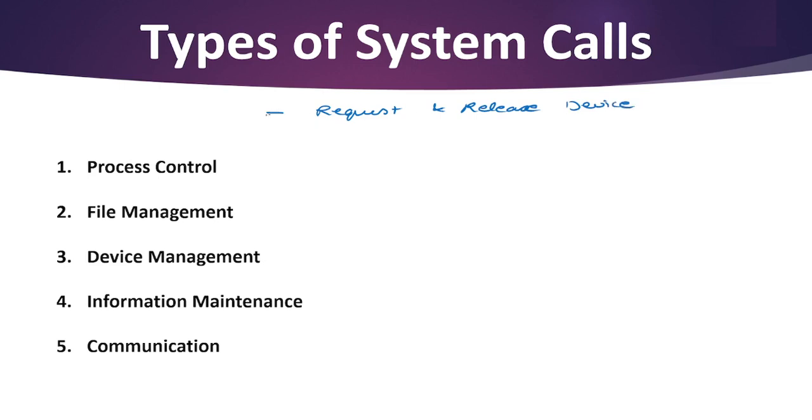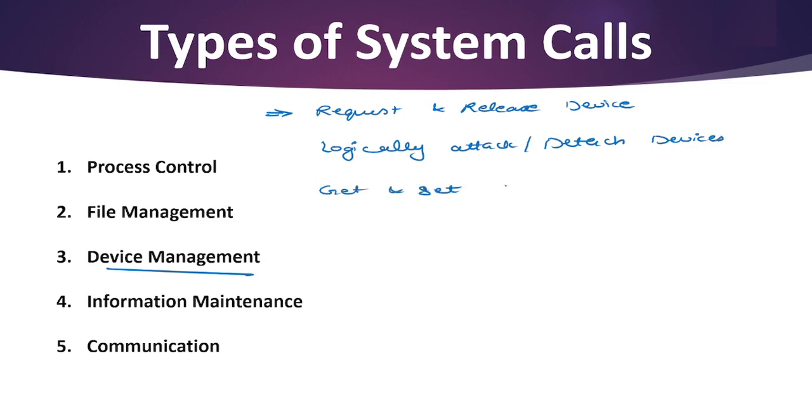If any operating system or any process wants a hardware device or any other device for some time to complete its execution, all these things are done by the device management system call. Another function is to logically attach or detach the devices. Third is get and set device attributes.